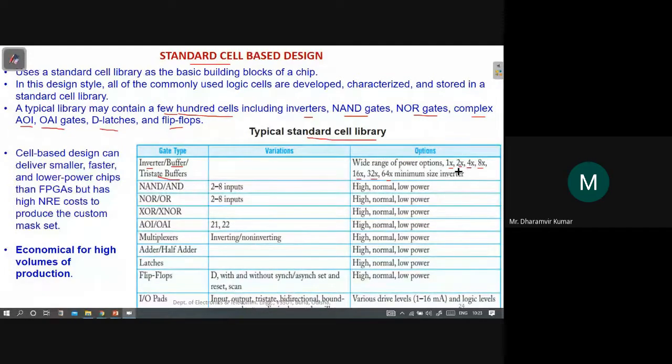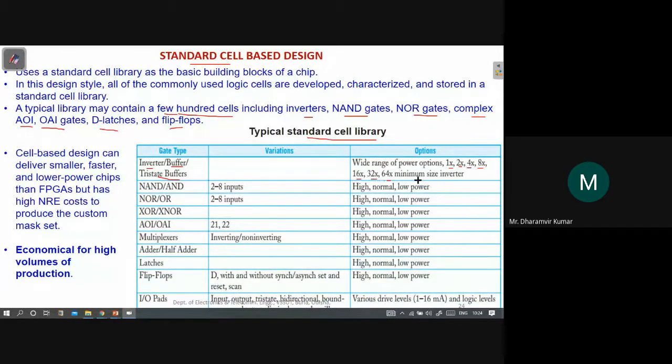It means that the 2x inverter would be 2 times the minimum size inverter. In terms of performance, the 4x inverter would be 4 times the performance of a minimum size inverter, and the 32x inverter would be 32 times the performance of a minimum size inverter.